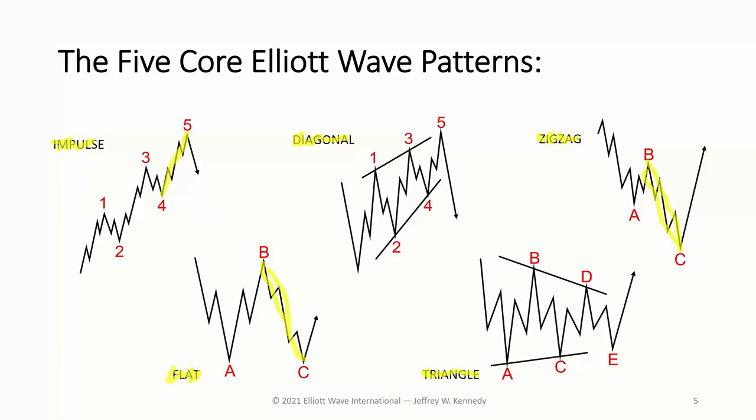So for example, in the very mature stages of your markup period, you'll maybe see a triangle form and then one more impulse wave, but that impulse wave will begin to take the shape of the diagonal. And then what happens is these moves to the downside, they're going to flip. So instead of seeing 5-wave rallies, you're going to see 5-wave declines.